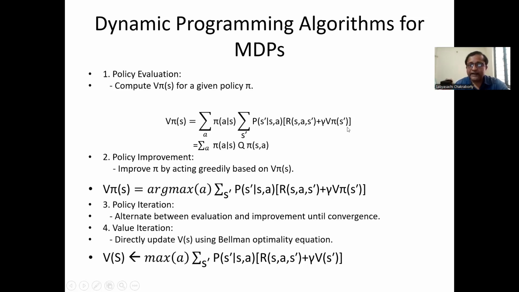So the discounted value of that plus the immediate reward that the agent achieves by the transition from S to S prime is multiplied by the probability, the degree of possibility, that the agent will make a transition to the state S prime.